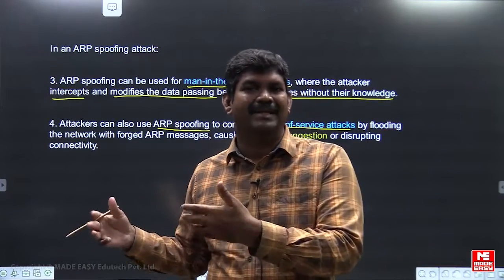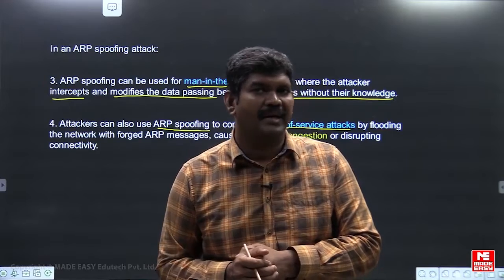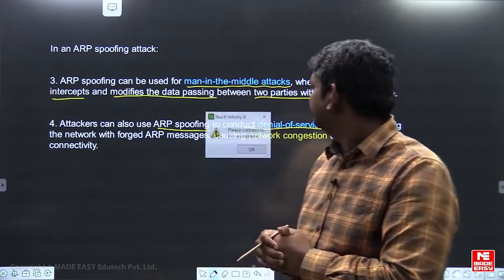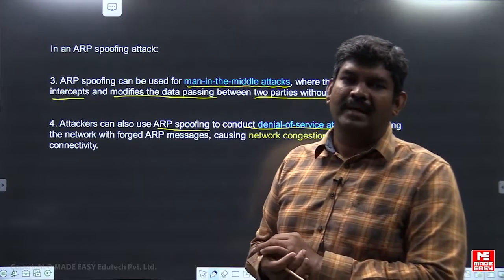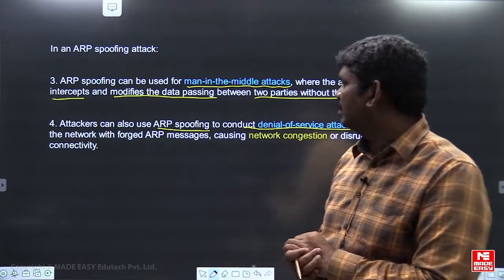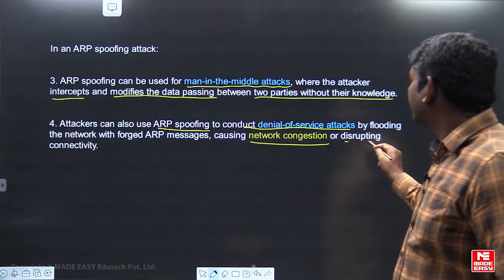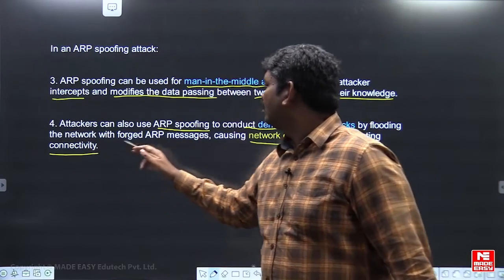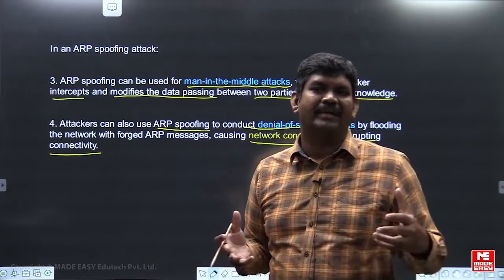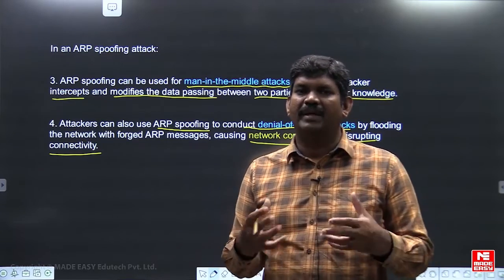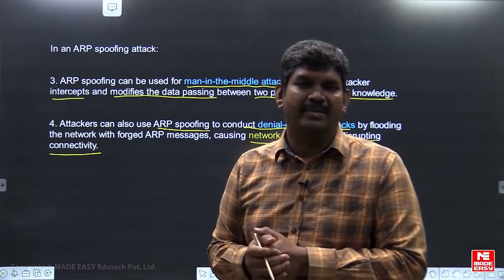That means their service is denied. So such a type of attack is called a denial of service attack. In some other video, I'm going to explain how exactly the denial of service attack happens. That is what causes network congestion or disrupts connectivity. Why is there network congestion? Because the actual genuine users will not get connected, since all the resources of the destination servers are held by these malicious users.